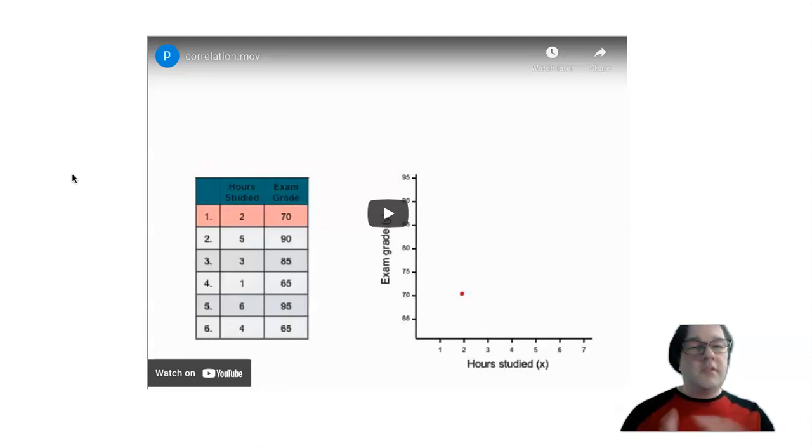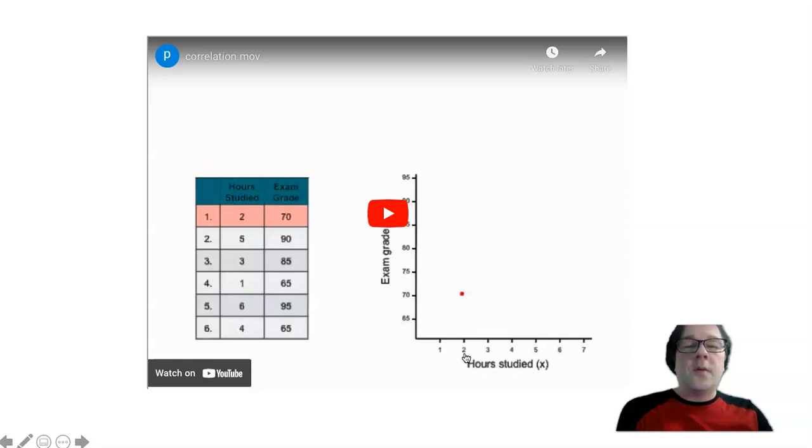So in this example, we have 6 participants or 6 students, and I have 2 data points for each of them. So this video is going to go through each one of these students, and it's going to go on the x-axis here, which is the number of hours that they studied. For participant 1, they studied for 2 hours.